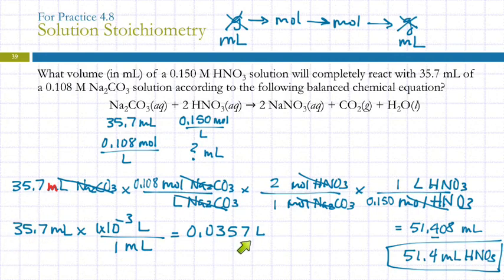Liter is a larger unit. It should have the smaller number. That can help you remember which way to move it. If you keep getting it backwards, then either do it this way or write the whole calculation out. It's silly to get the wrong answer because you've got this glitch in your head and you keep moving the decimal point in the wrong direction. Any questions?